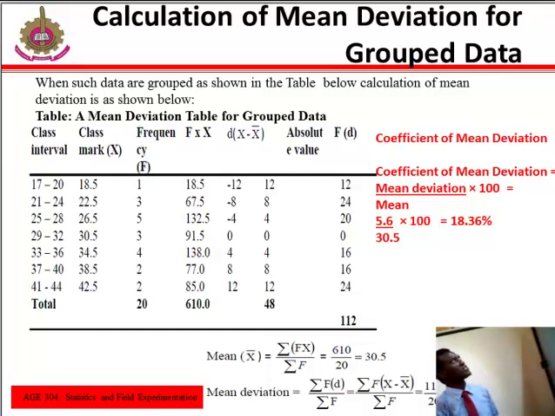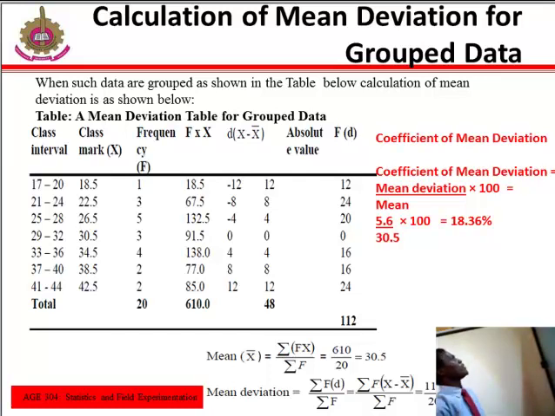Now, calculation of mean deviation for grouped data. Don't forget, we just finished calculating the mean deviation of ungrouped data. For us to be able to calculate the mean deviation for this grouped data, we are given the data that we have on the board.